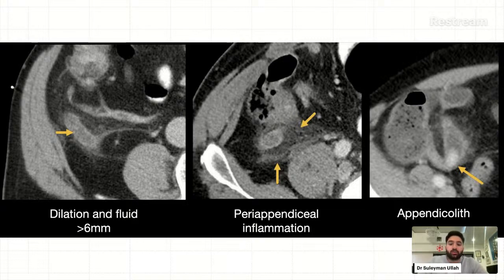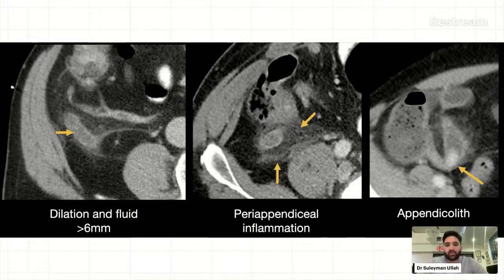So what you would see on both scans is dilation of the appendix. On this leftmost picture, the arrow is pointing to the appendix. It's dilated at more than 6 millimeters. That looks like it's closing on a centimeter, maybe even larger than a centimeter, which is definitely pathological. And then you would also see fluid in the surrounding space.